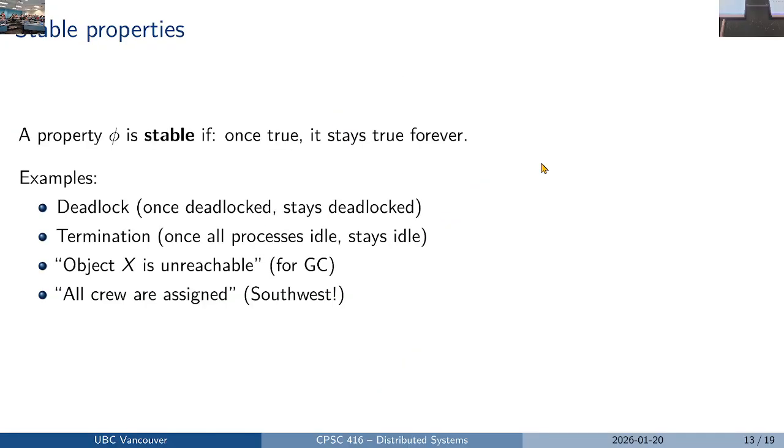So a property phi is stable if once true, it stays true forever. So this is a durability consideration. Something is durable if once it has become true, it stays true.